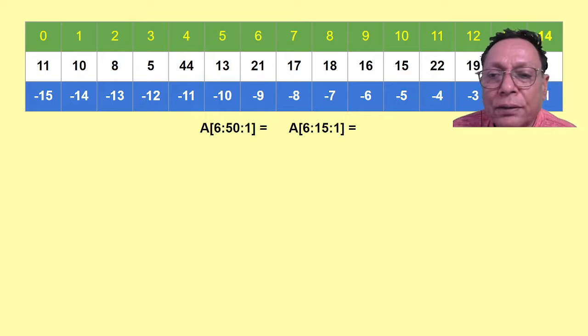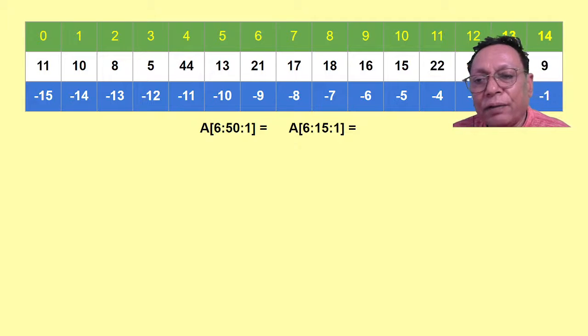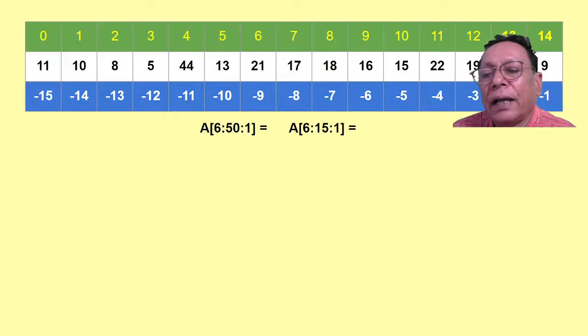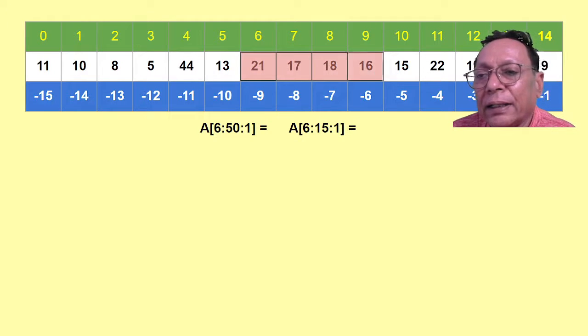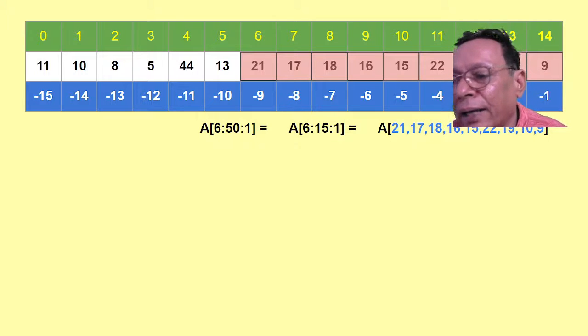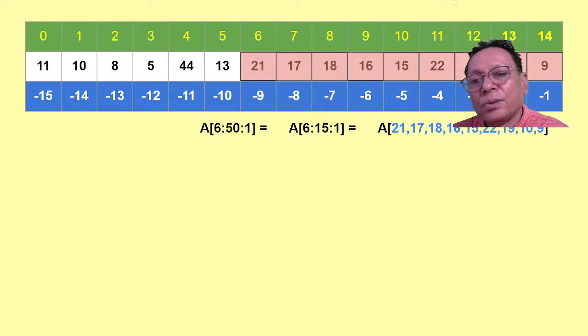So we'll start from 6 and move till 15 minus 1, with a step of 1, and that is why it will take like this: 21, 17, 18, 16, 15, 22, 19 and 10, and the last one is 9. So this is a slice.